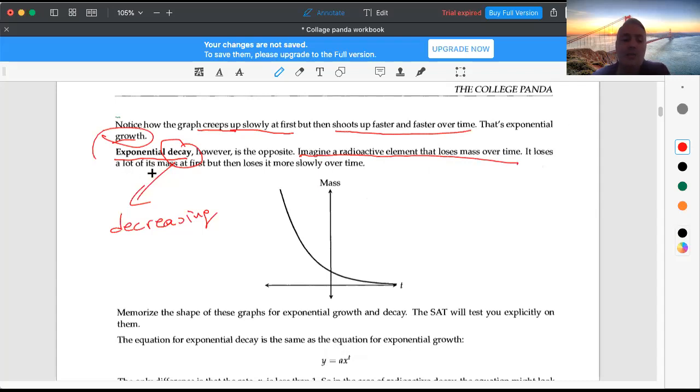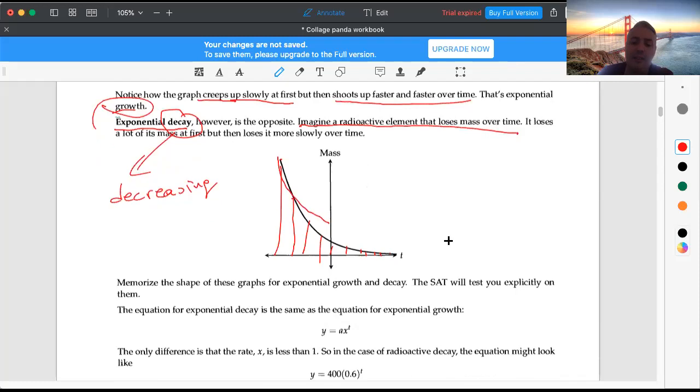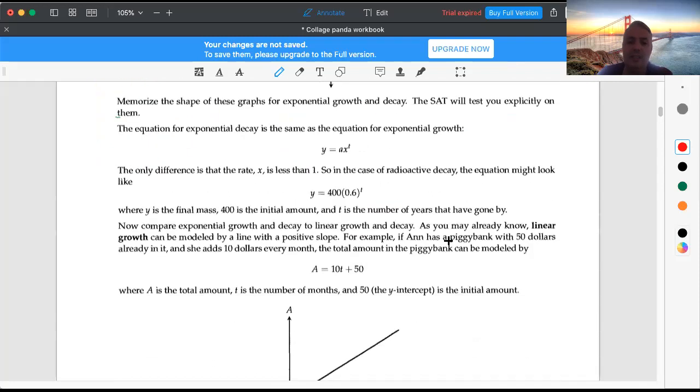It loses a lot of its mass at first, but then loses it more slowly over time. So at the beginning, very quickly we have a decrease, but later on, it becomes slow. So at the beginning there's a quick decay, quickly we are getting down, but later on, slowly we are getting down.